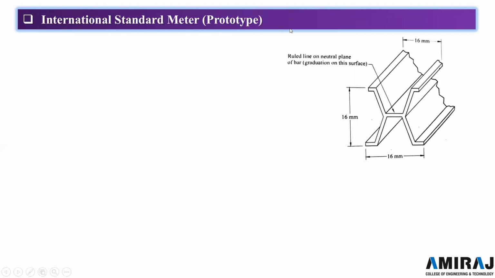Moving further, the second type of standard is the international standard meter, also called the prototype standard. You can see here how the international standard looks.